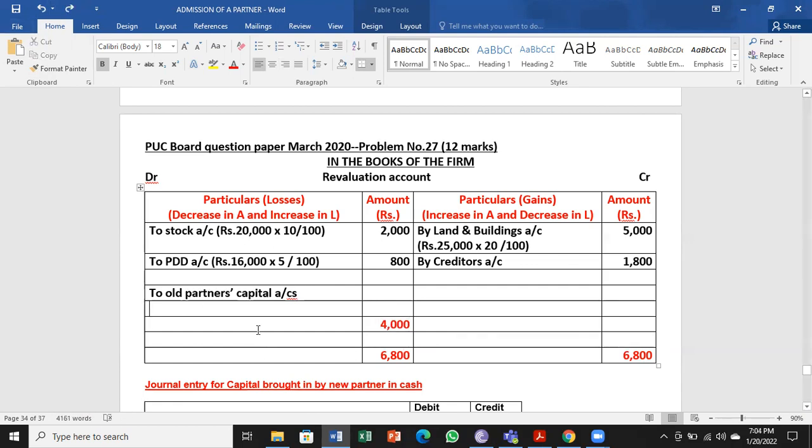So this 4,000 is the balance amount. The meaning of that is revaluation profit because gain is more. So we have to divide this amount among the old partners. Sheetal, 4,000 into 3 by 4, 3,000.